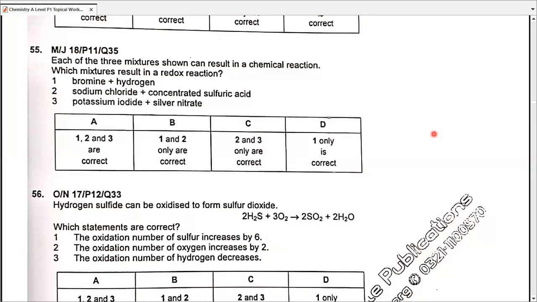Now, in both these cases, you don't have to go through an entire calculation. You can do it to be on the safe side, but if there are simultaneous two displacements at the same time, probably neutralization or precipitation, there won't be any reduction oxidation changes. So one is the only answer, since the second one is a simple displacement reaction, and the third one is a precipitation reaction.